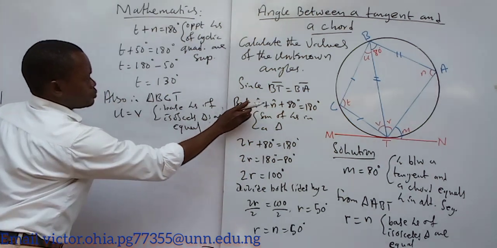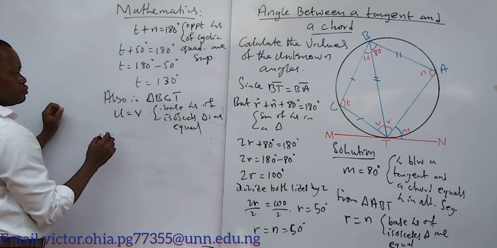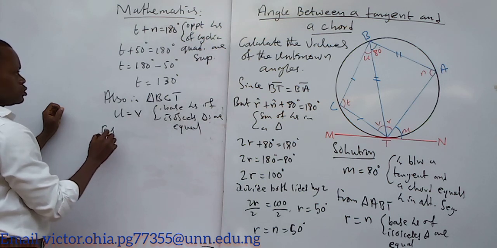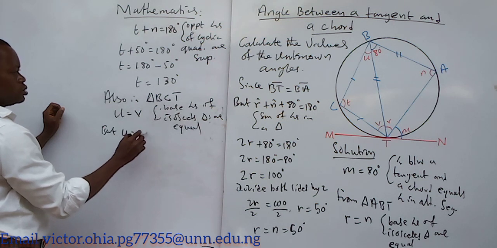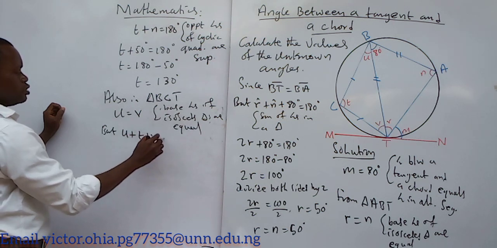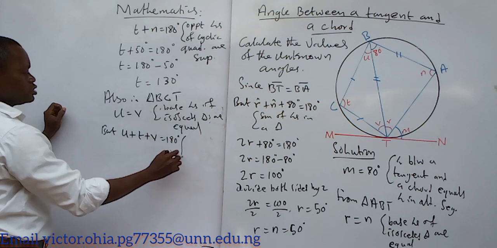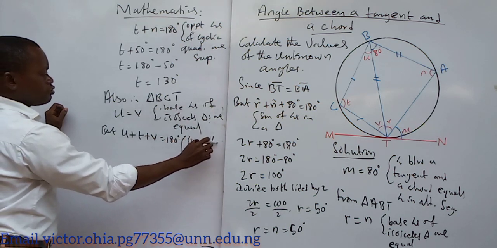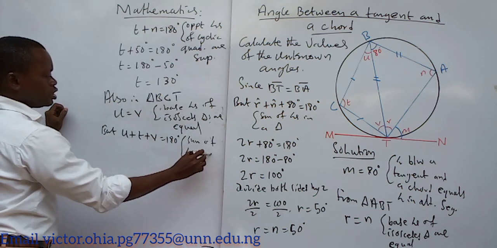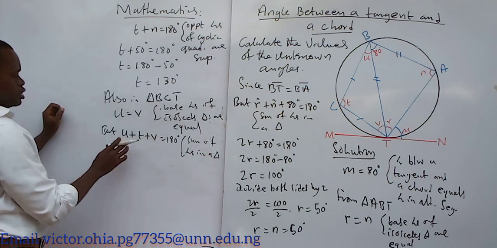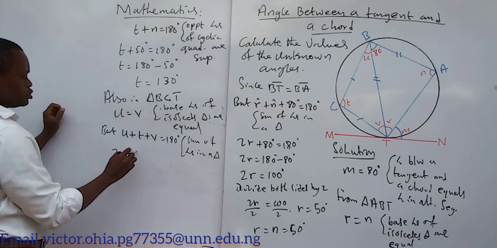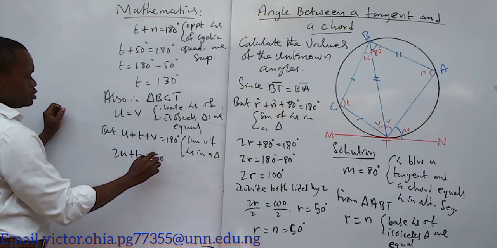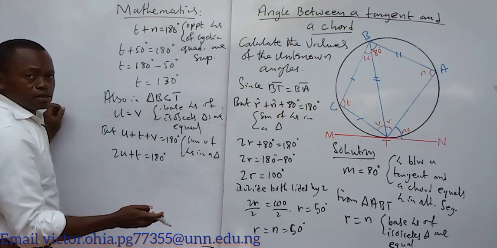Bringing this together. So if I say now, u plus t plus v equals 180 degrees. That is the sum of angles in a triangle. But this one and this one are equal, so I can use just 2u plus t equals 180 degrees. The same thing I did here.